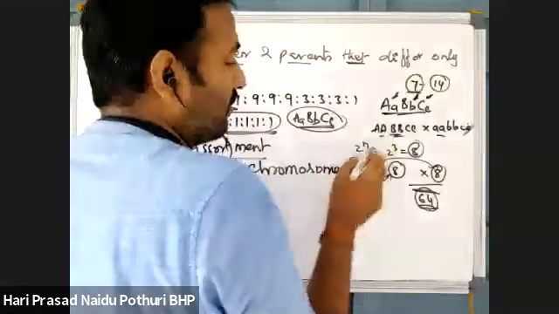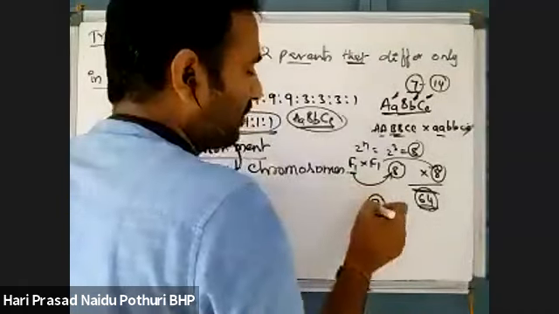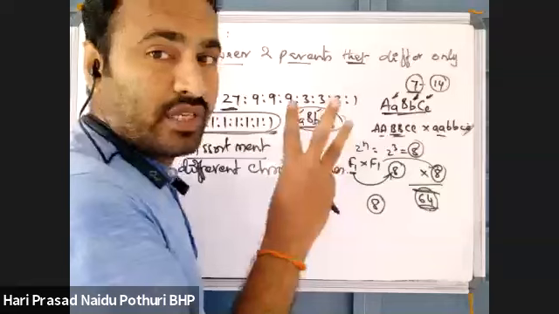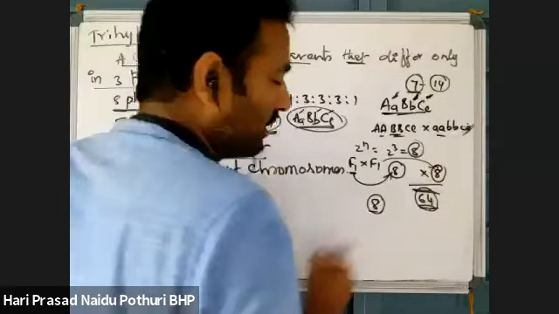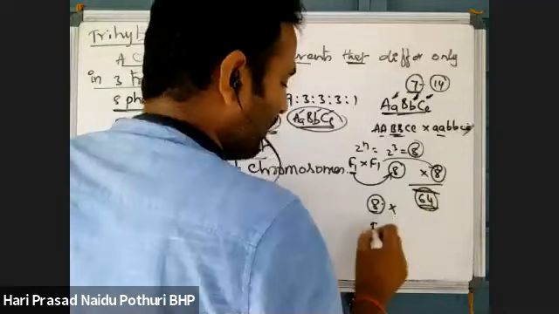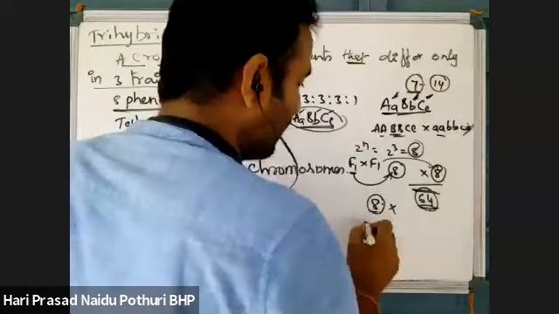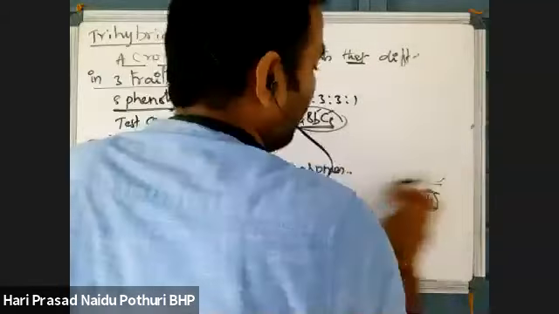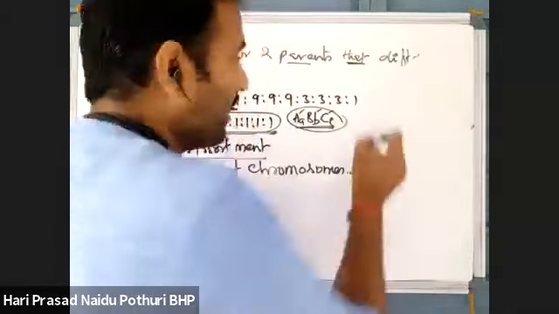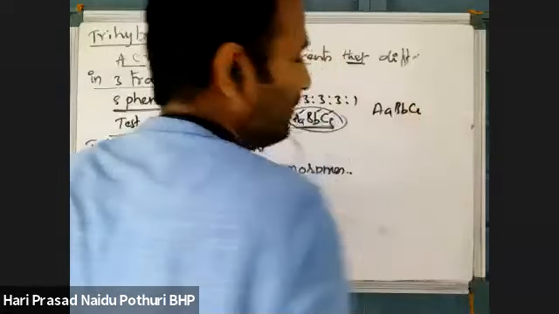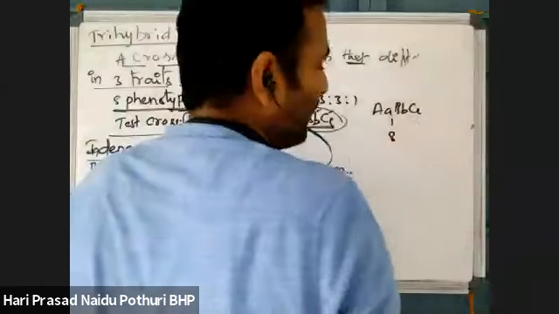This F1 produces 8 different gametes because the heterozygous conditions are 3. What is F1? F1 is heterozygous: capital A, small a, capital B, small b, capital C, small c. So this forms 8 different gametes.